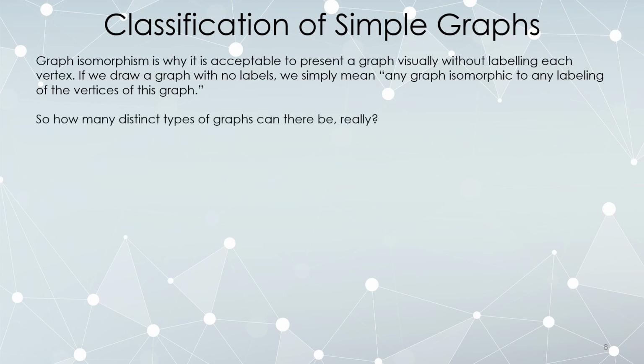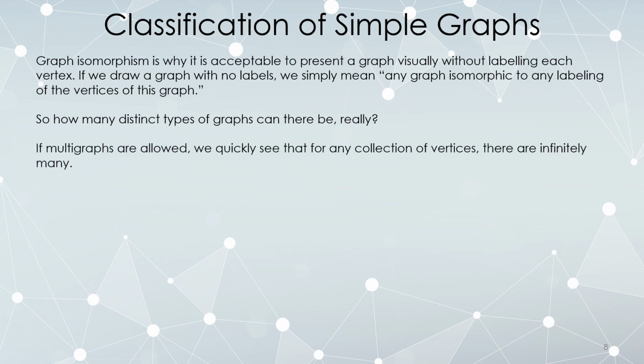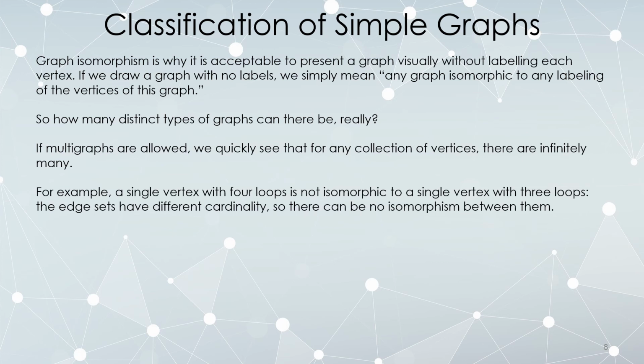So how many distinct types of graphs is it possible to draw? If multigraphs are allowed, okay, as long as you have at least one vertex, you can actually draw lots and lots of things. For example, a single vertex with 4 loops attached is not isomorphic to a single vertex with 3 loops. Since there's a different quantity of edges, there is no isomorphism between them.